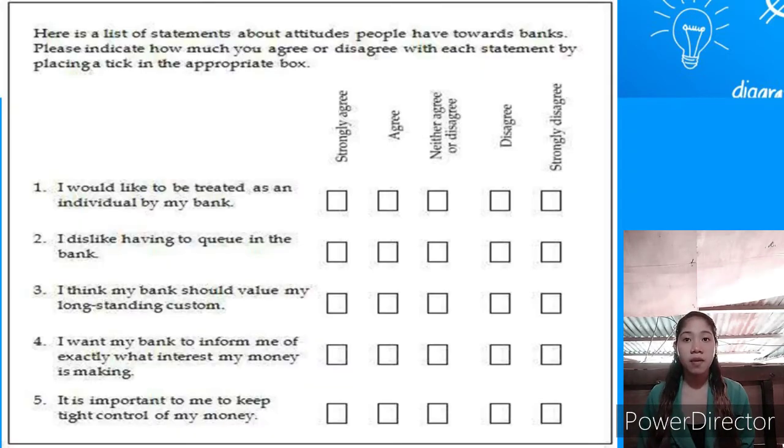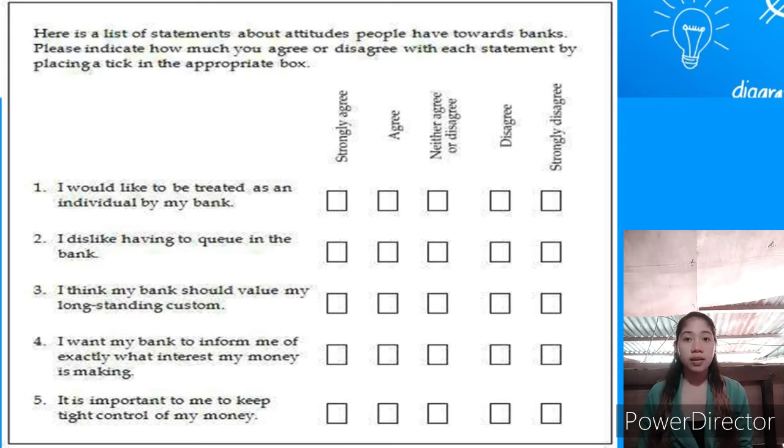So I have here an example all about the Thurstone scale. As you can see, the first statement: I would like to be treated as an individual by my bank. If you strongly agree with this statement, you have to check the box.